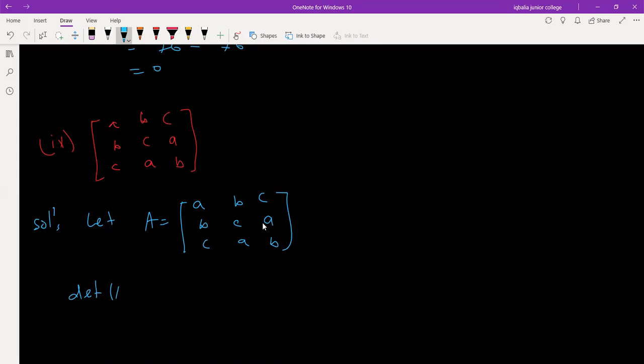Now determinant A will be A, the cofactor of A, C A, A B, and minus B, the cofactor of B is B C, A B, plus C, the cofactor of C is B C, C A.